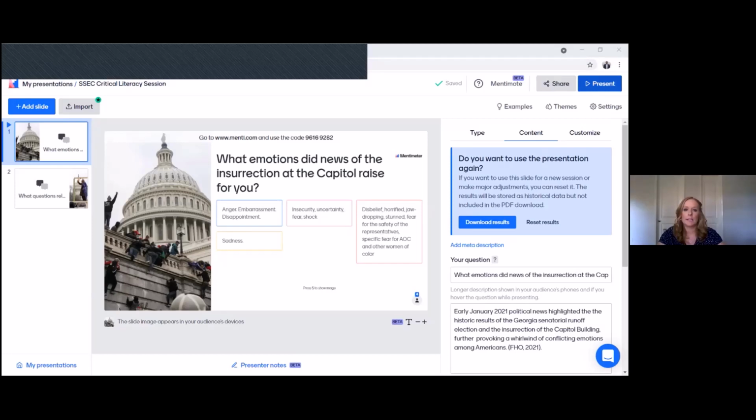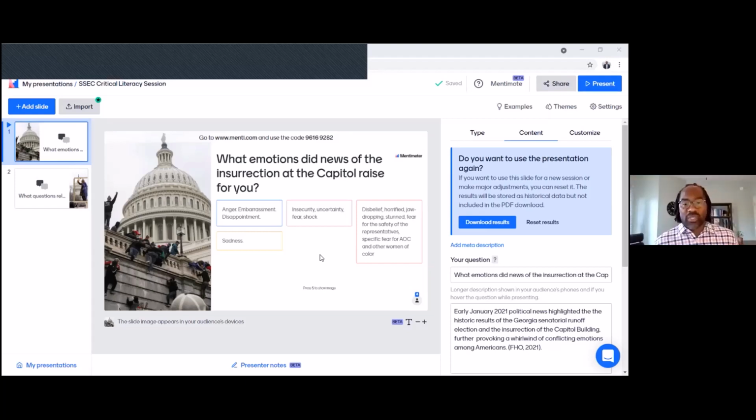The most recent one I see is sadness. This is a tool that you can use for free, menti.com. You can get a subscription that allows more complex things, but the free version allows you to ask questions and have students enter their responses anonymously.